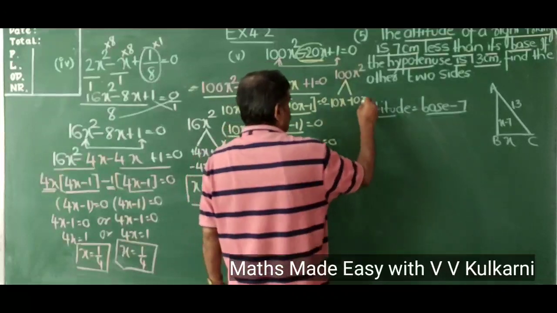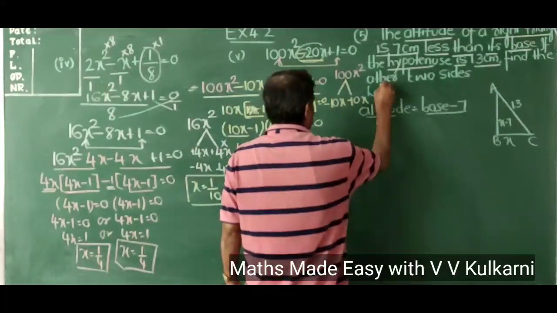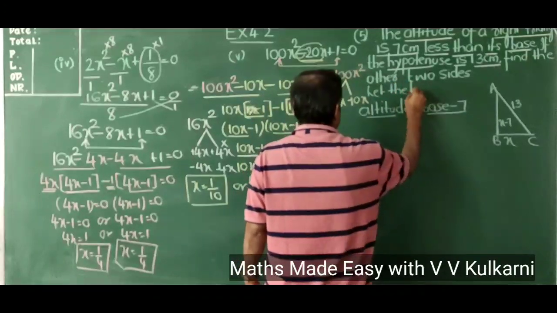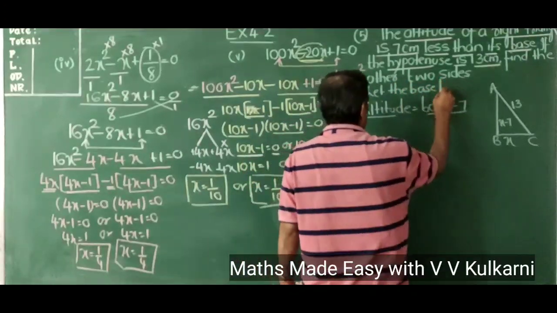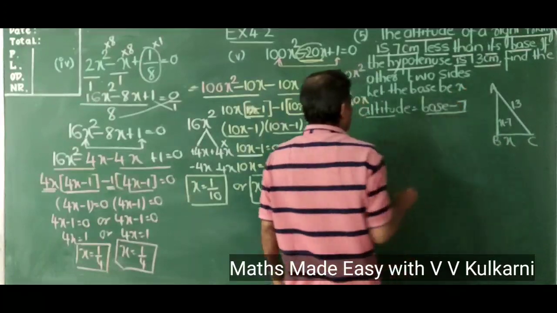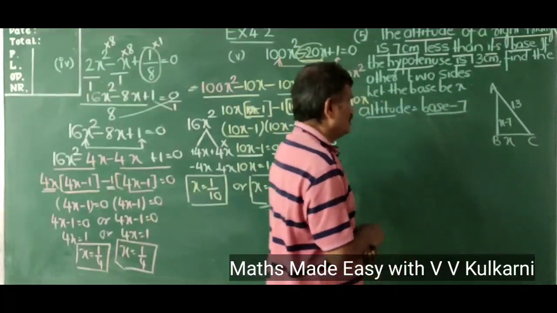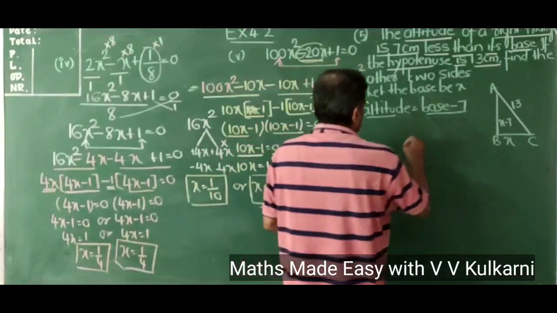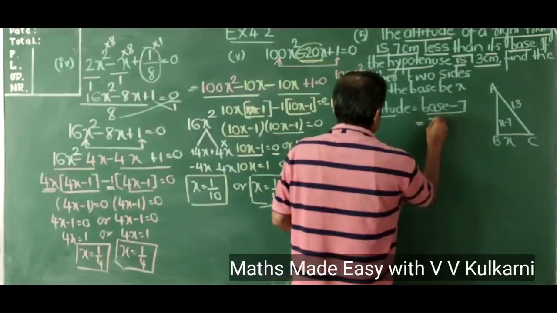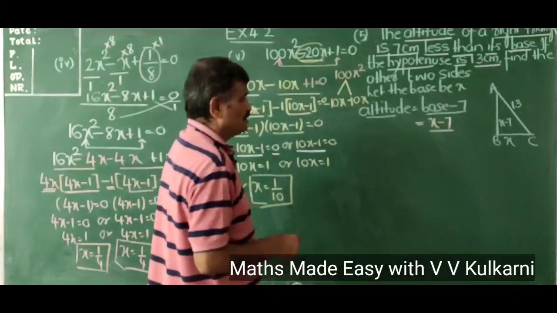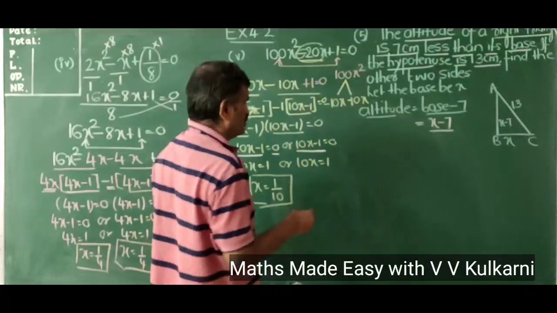It's simple, children. Let the base be x. In that case, the altitude will be base minus 7. The base is x, so this is x minus 7. Now let me apply the Pythagoras theorem.